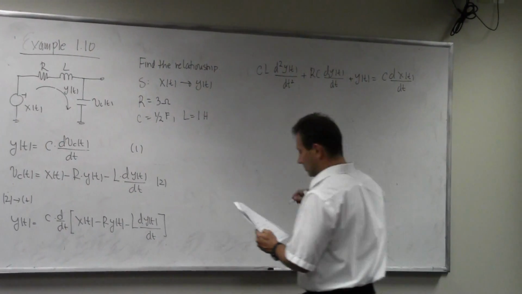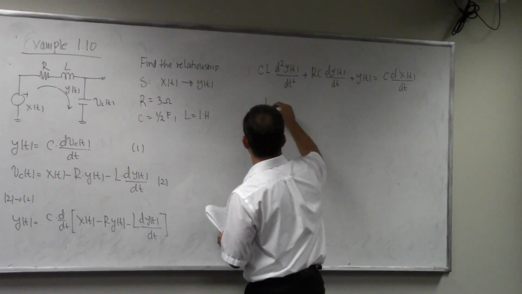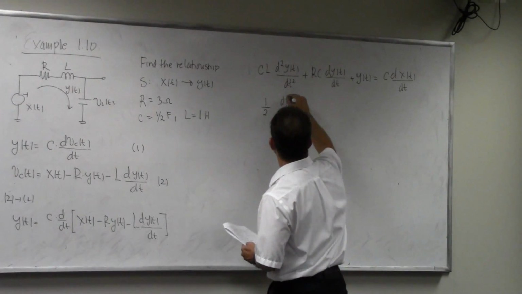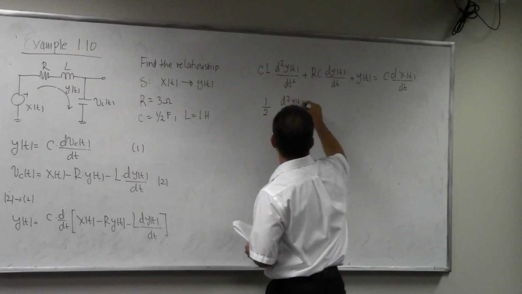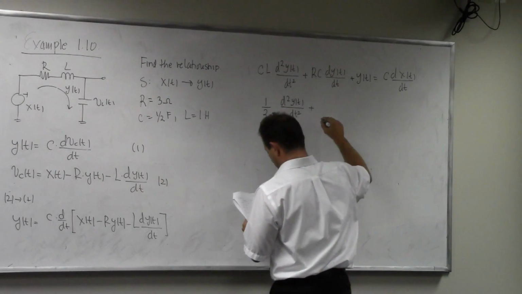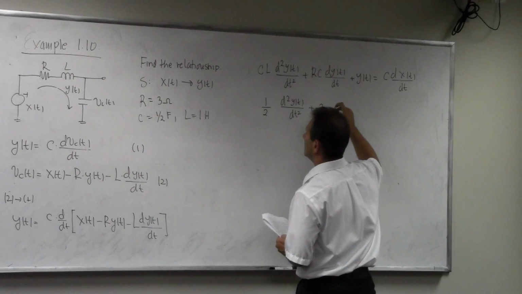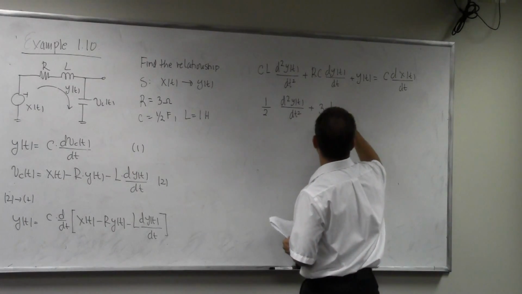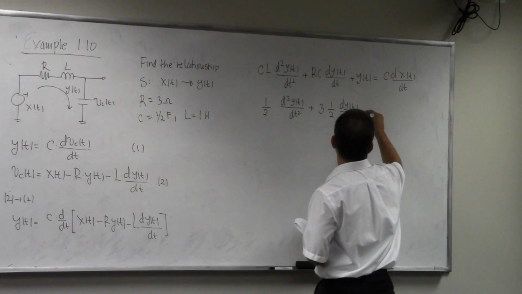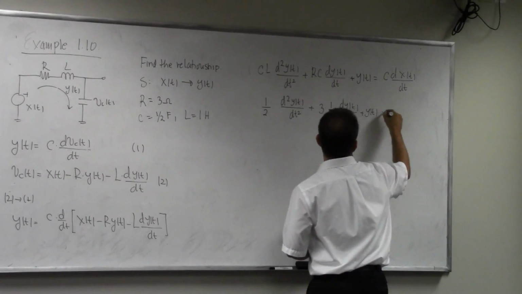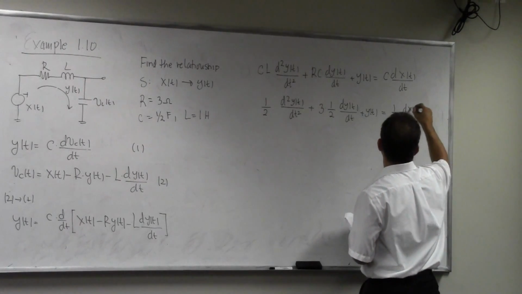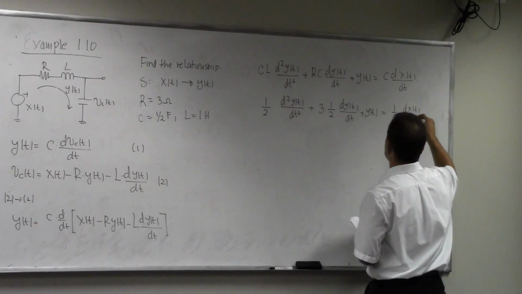Now, if I substitute the values, I end up with 1/2, because c is 1/2 and L is 1, d squared y(t) over dt squared, plus r is 3 times c is 1/2 dy(t)/dt, plus y(t) is equal to c, which is 1/2, dx(t)/dt.